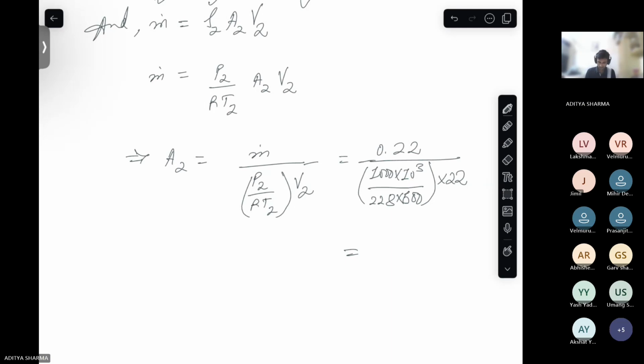Yes, so this is 0.00136 meter square, sorry.